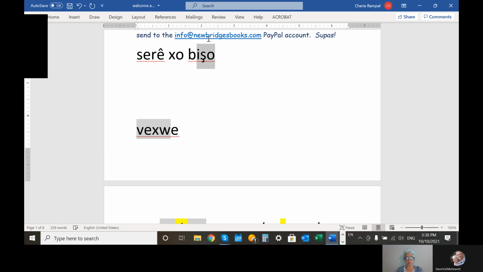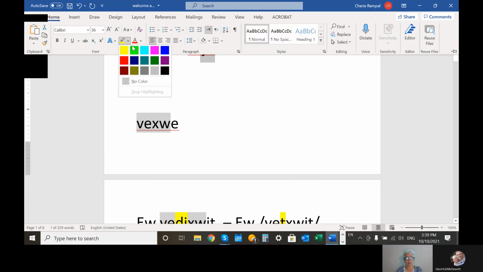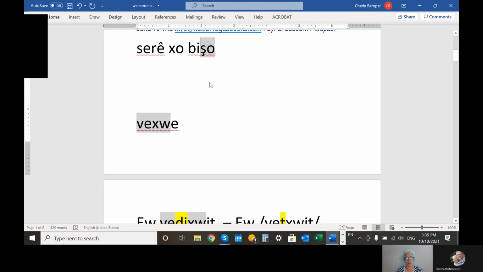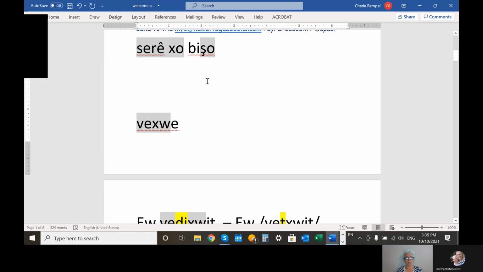Okay, we're going to work with bishu here. So we're going to get rid of the bi, but there is no a at the end of this verb. So we don't get rid of anything with a. So shu is the base part of our present stem. And sereho just goes along for the ride. We don't have to change that at all. So sereho shu is our present stem.